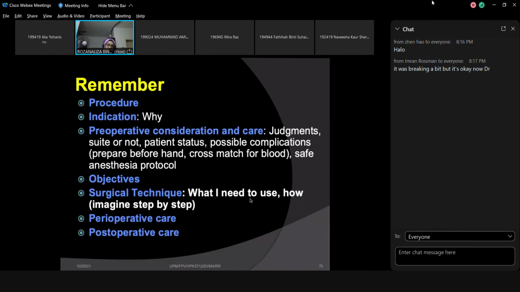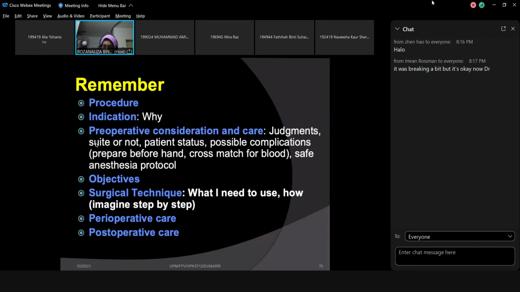Now, what to remember? Before a surgery, always ask yourself what procedure you're going to perform, why you want to perform it, and your pre-op consideration and care. So the objective: is it palliative?